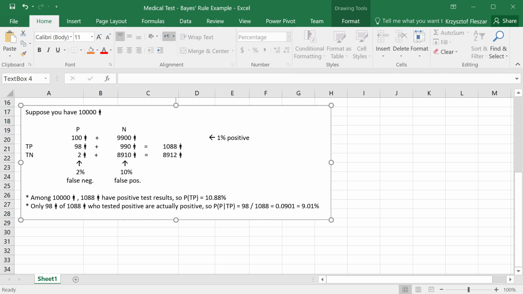So this kind of visual representation of the test might help you understand a little bit better why this 9% conditional probability of having the disease, given that somebody tested positive, is still so low.